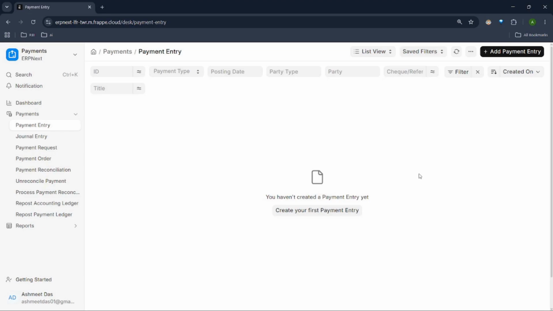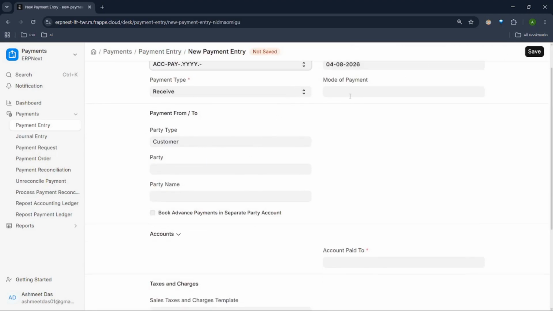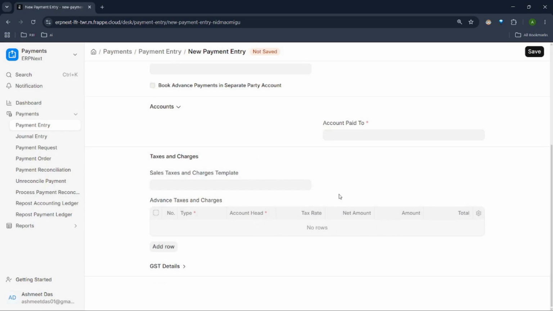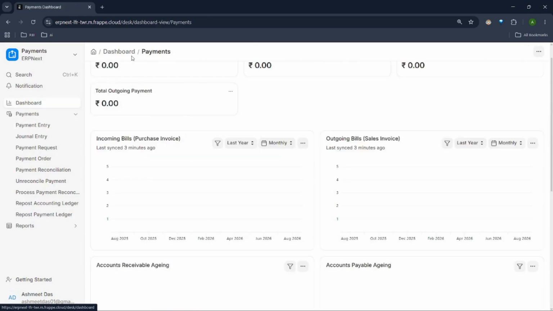A sales invoice is generated, for example, when Nestle sends a box of KitKat to a store. They create an invoice. We use that sales invoice to create a payment entry. The payment entry auto fetches the required details from the sales invoice. It fetches the customer, mode of payment, and the amount.